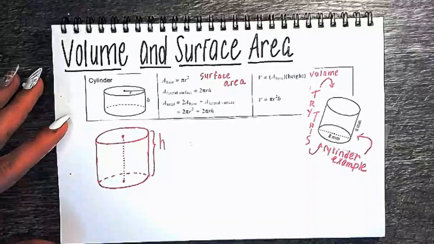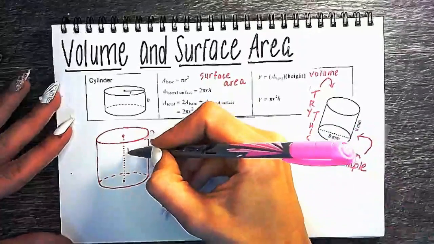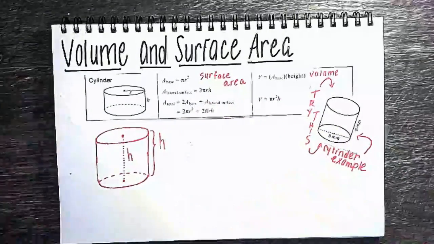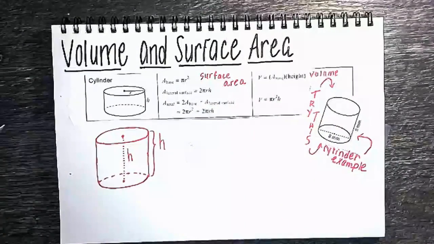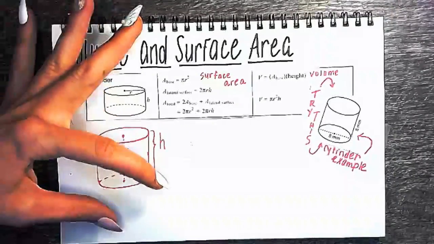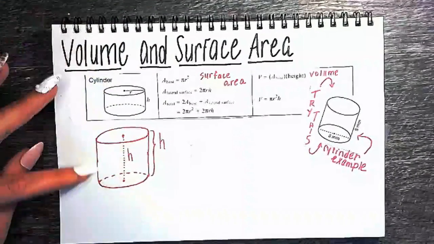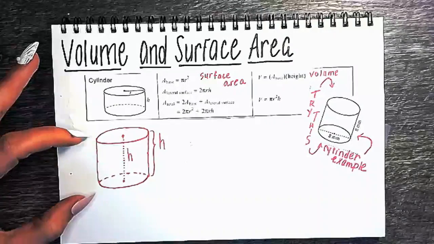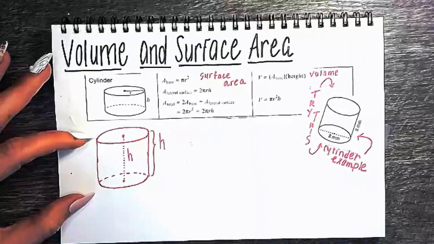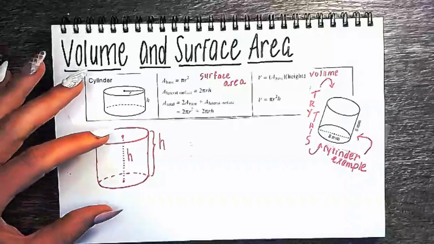That right there is the height of the cylinder as well. This is slightly better because when we start doing things that are cones or pyramids, these are things that taper and come to a point. You can't really have a height out here that's standing up vertical, perpendicular to the base.